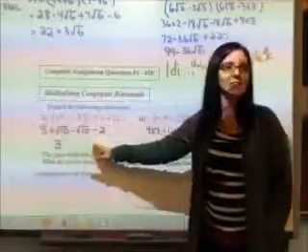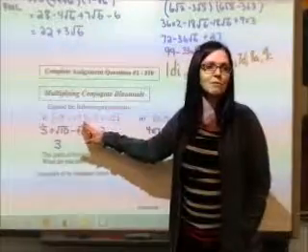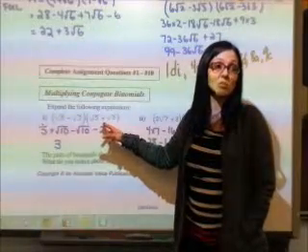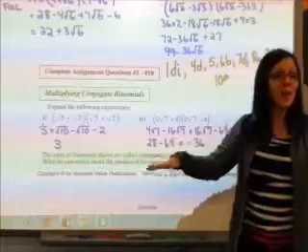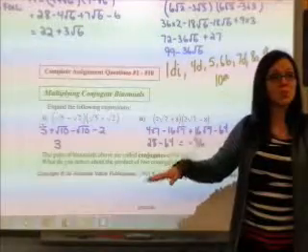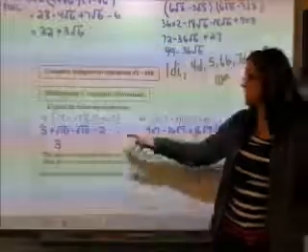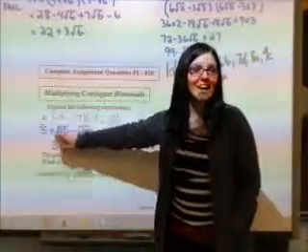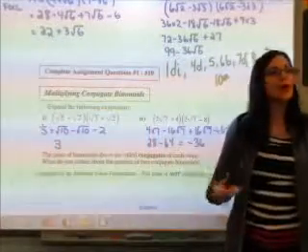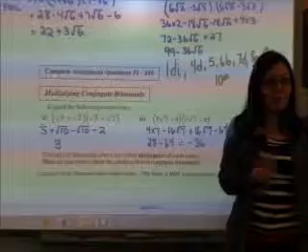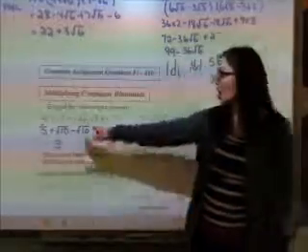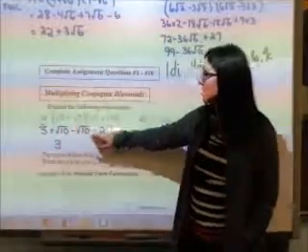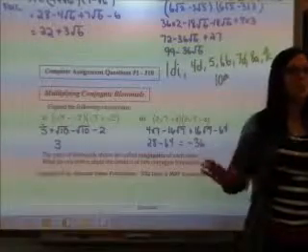Last year, what did we call this? This was a difference of squares. When we were doing our factoring last year, this was a difference of squares. And in a difference of squares, my middle terms always canceled out. So if I'm multiplying by a conjugate, and I recognize that it's a conjugate, all I have to do is multiply the first terms and the last terms. I don't need to worry about the other part.